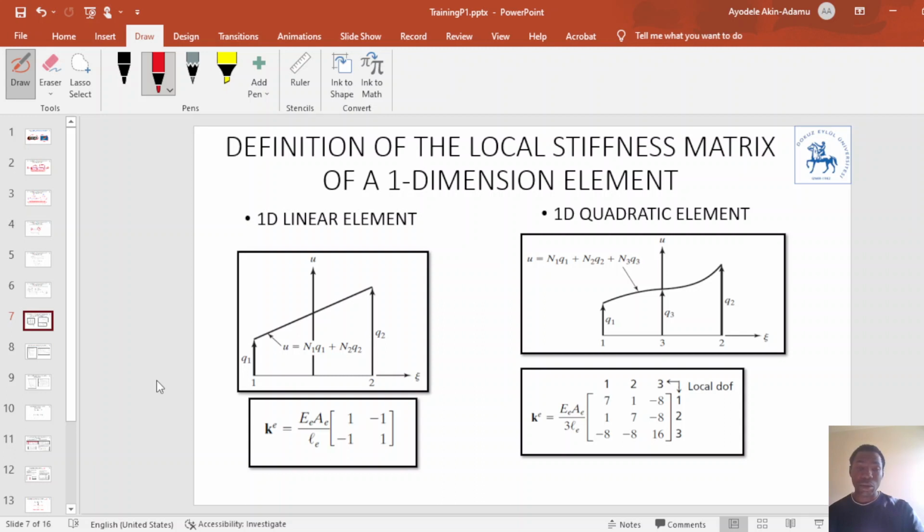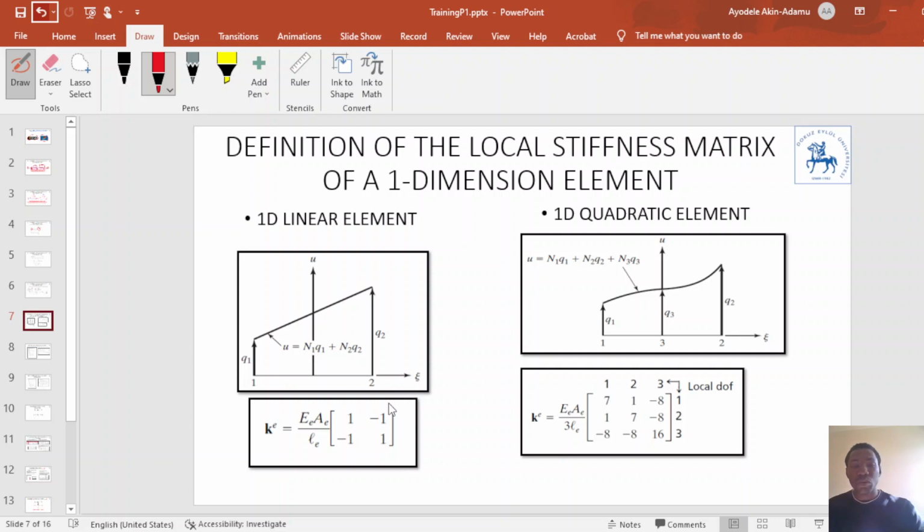I'm not going deep into the theoretical background of finite element procedure. That is not the aim. It's just to show you the formulas you need in solving this type of problem.